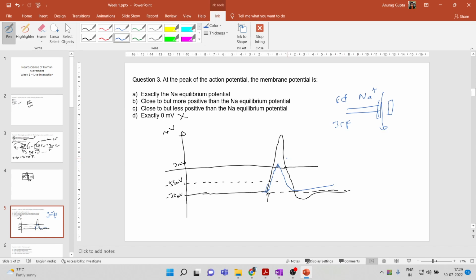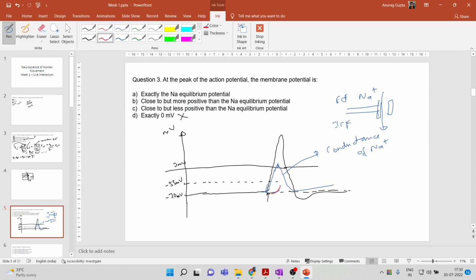We'll get into the mechanism later, but they start to close, and then the conductance of sodium starts to decrease. This is the conductance of Na plus. When this starts to decrease, no more sodium can come in. But at around this point, what happens is, let me take another color.